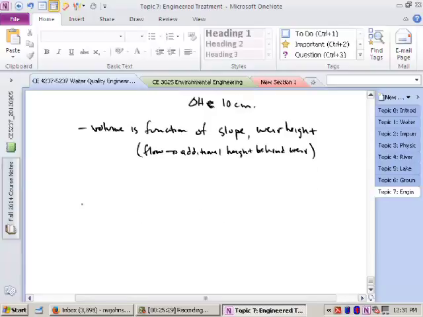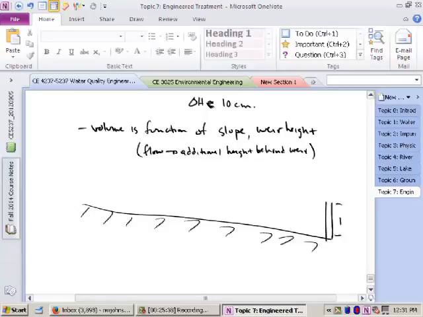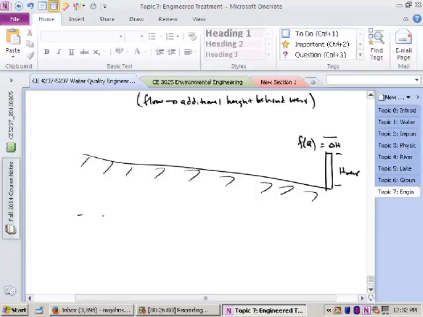Thinking this through a little bit farther, if we have some slope with a weir, and then some delta H on top of that, which is to some extent a function of Q, you can approximate the volume with some simple geometry.